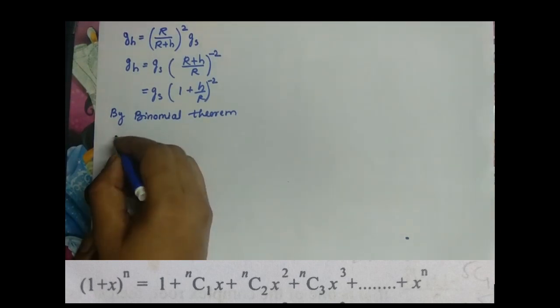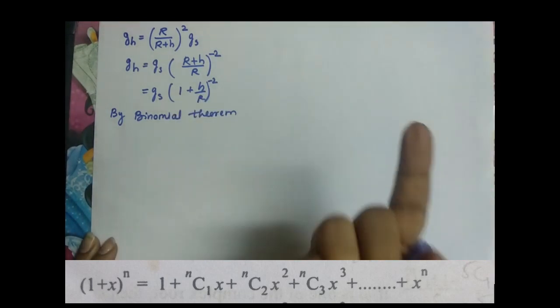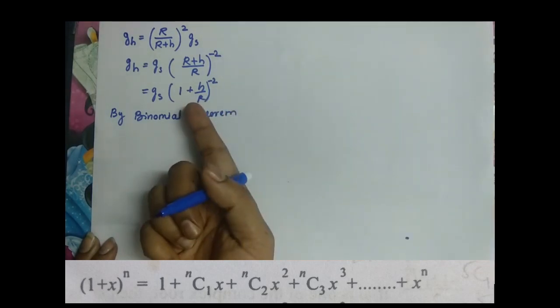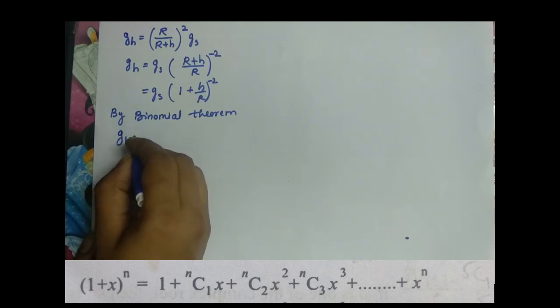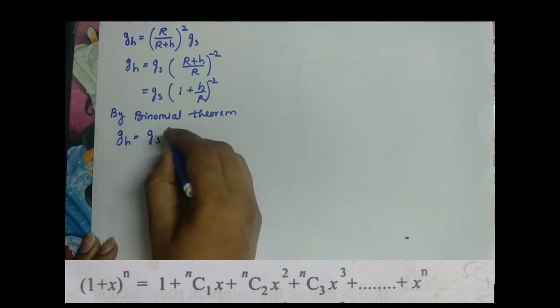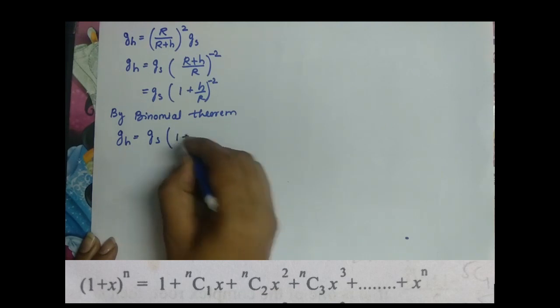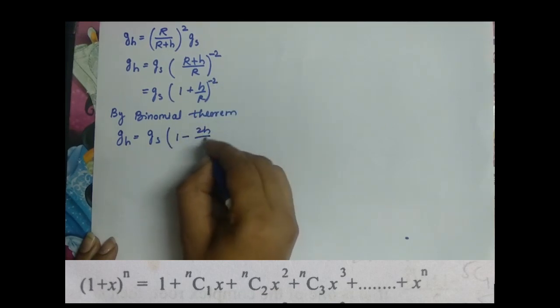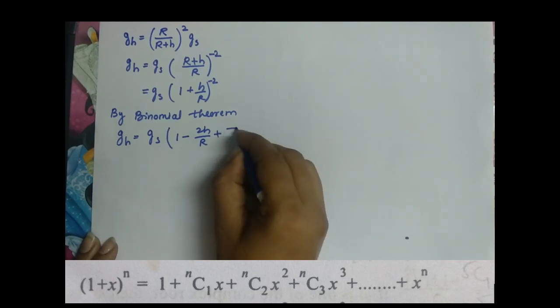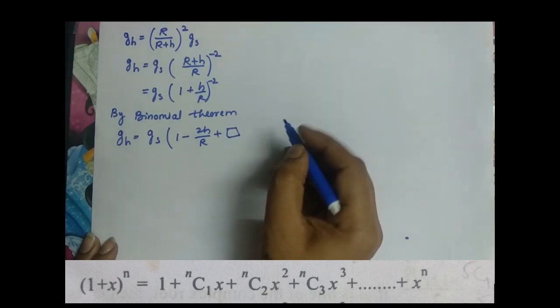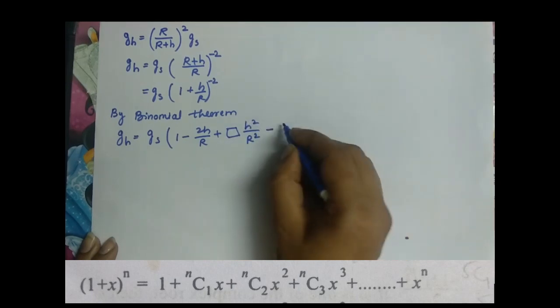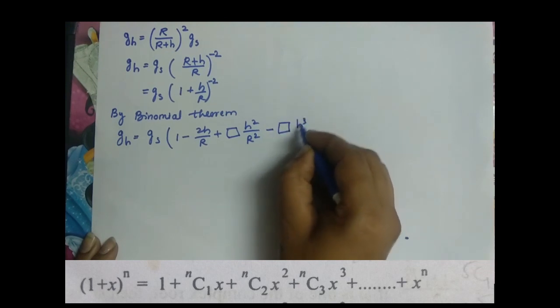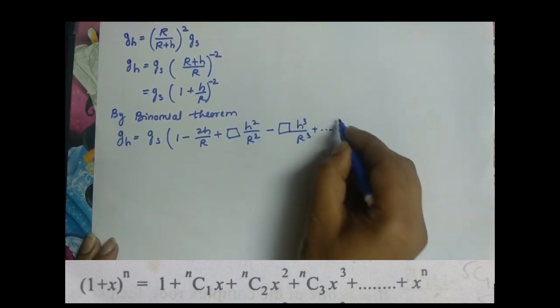You can see on the screen there is an equation. By using that, if you apply the same equation to this, you will get GH is equals to G suffix S, and when you expand this, you will get 1 minus 2H by R. Then some constant you will get by solving the equation, then h square by r square. Then again some constant, then h cube by r cube and so on.